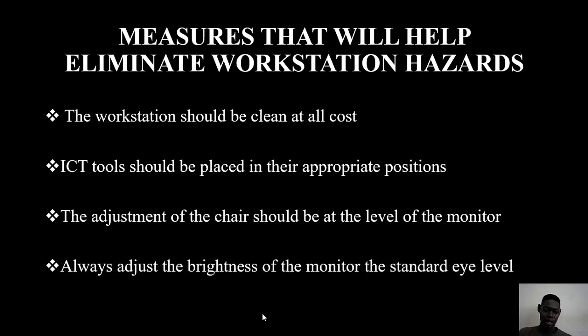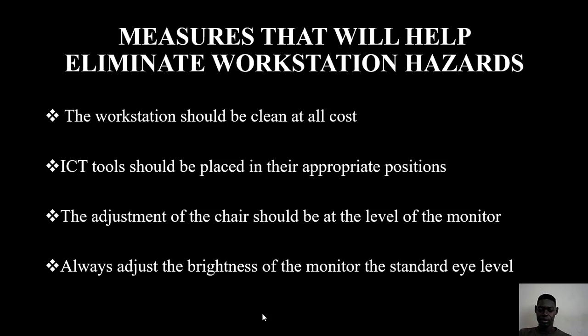Another point is always adjust the brightness of the monitor to the standard eye level. Once you do that, you will help in reducing your vision problems, eye strains, and other complications relating to your body, especially the eye.